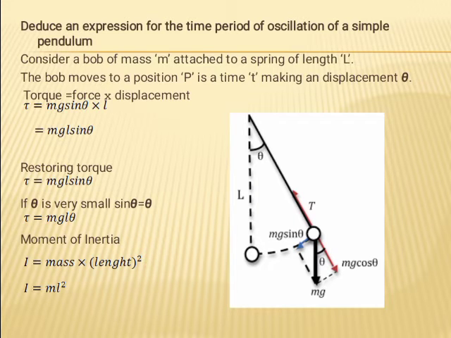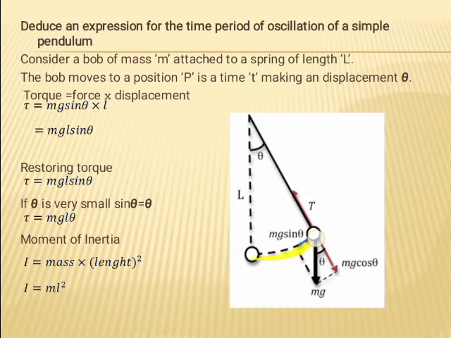Now if I consider moment of inertia, what is the moment of inertia? It says opposition offered by the body. So a body is offering resistance. What kind of resistance? If I consider the simple pendulum, what kind of resistance can a body offer? Please understand, or else write down: opposition offered by the body during rotatory motion.